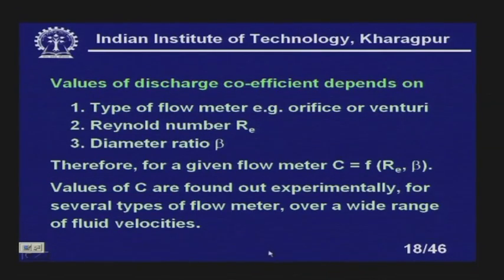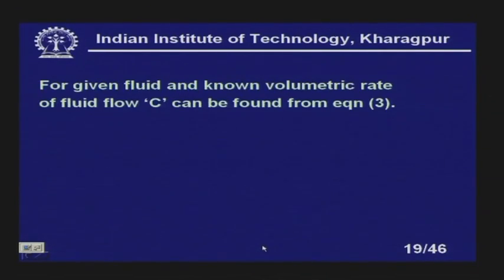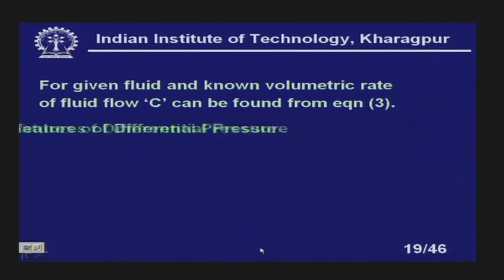For a given fluid and known volumetric rate of fluid flow, C can be found from equation 3. If the volumetric rate of the fluid is known, and if the density of the fluid is known, obviously I can find the value of C.